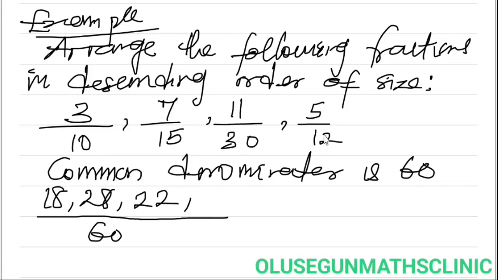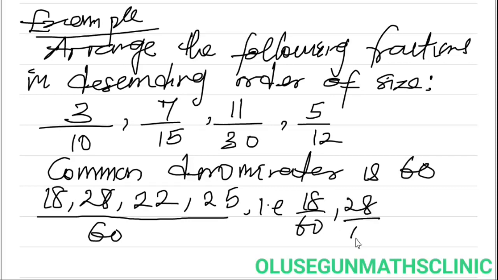60 divided by 12, we have 5. So 5 times 5, we have 25. So you now rearrange it like you said: 18 over 60, 28 over 60, 22 over 60, 25 over 60.